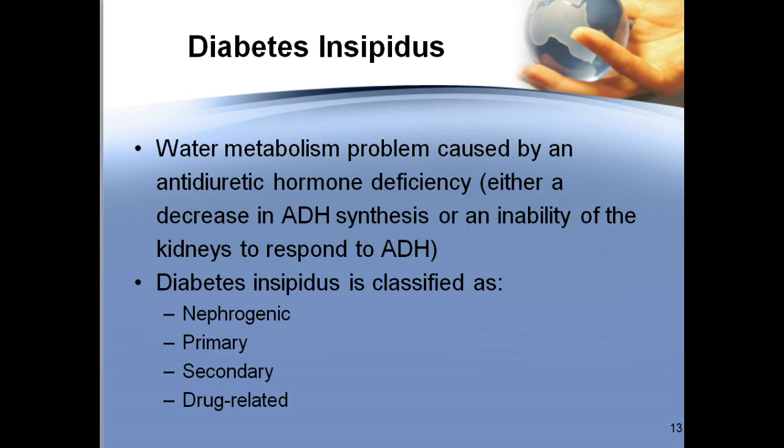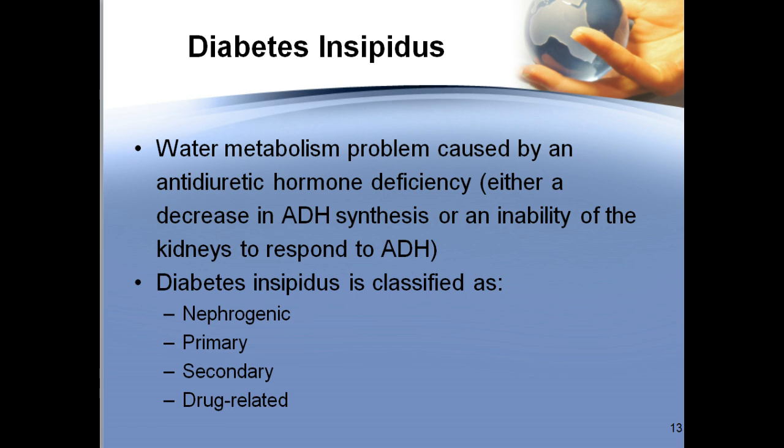When you talk about diabetes insipidus, you want to discuss problems with water metabolism, because there is a problem with the antidiuretic hormone. Either they may have a decrease in antidiuretic hormone synthesis, or an inability of the kidneys to respond to the ADH hormone.